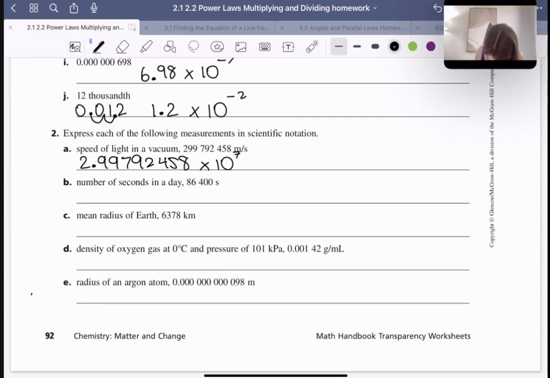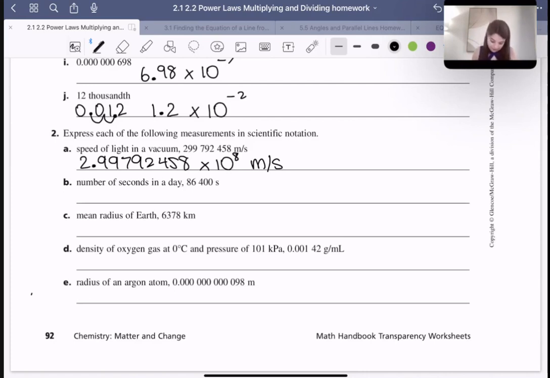Or no, I think it's 8 times actually. Is it 8 times? Looks like it. Yeah, 1, 2, 3, 4, 5, 6, 7, 8, times 10 to the power of 8 actually. Good. Meters per second, we'll put in units. In science, they usually like when you put units, so we'll do that. In math, it's good too, but I think especially in science, they really like when you put units.